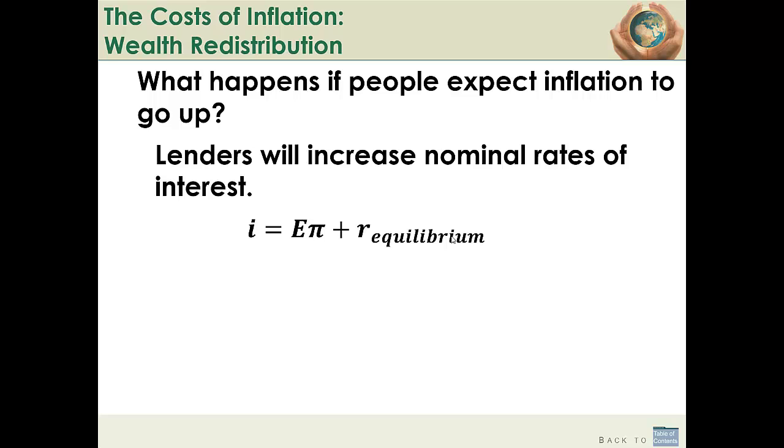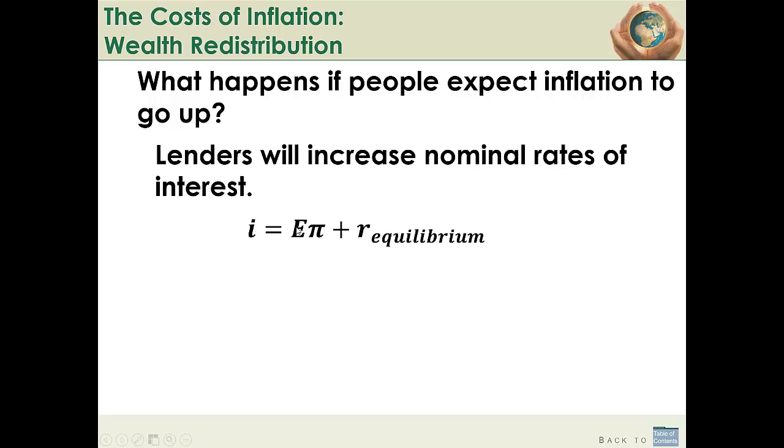So let's revisit something that we talked about in an earlier chapter. This real equilibrium rate of return is the return that is set in the loanable funds market. So that's where the demand for loanable funds is equal to the supply of loanable funds. The banks would like to get at least that real return. And so let's say that's 3%.